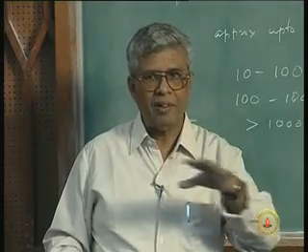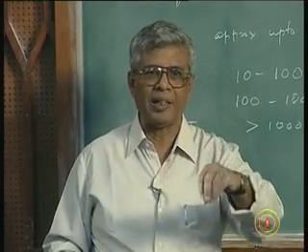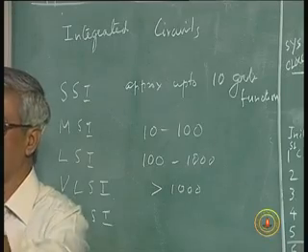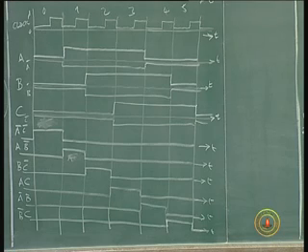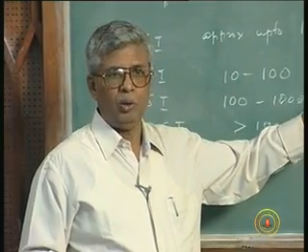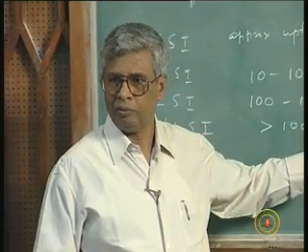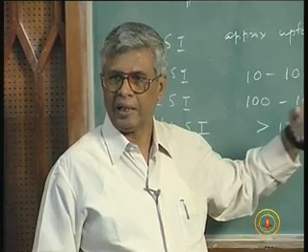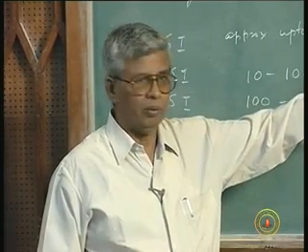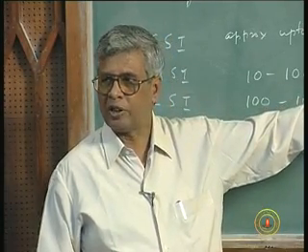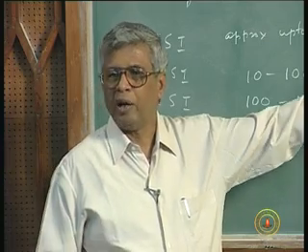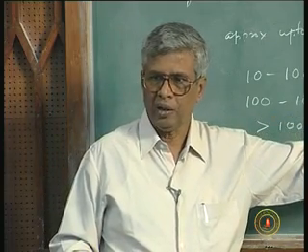We will use those bricks to build subsystems which are medium scale like multiplexers, and a 4-bit full adder may qualify to be an MSI. Similarly, a 4-bit or 8-bit shift register may qualify to become MSI.